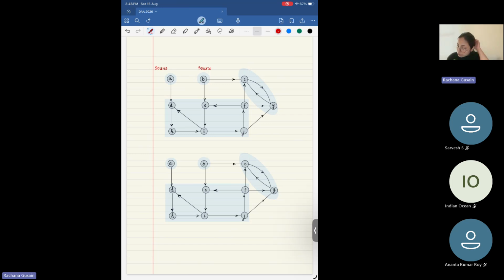DEFGHI, this entire thing, is this a source or sink or none? Is this component a source component or a sink component, or is it neither source nor sink?